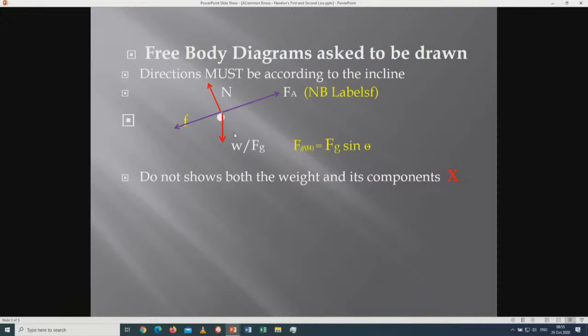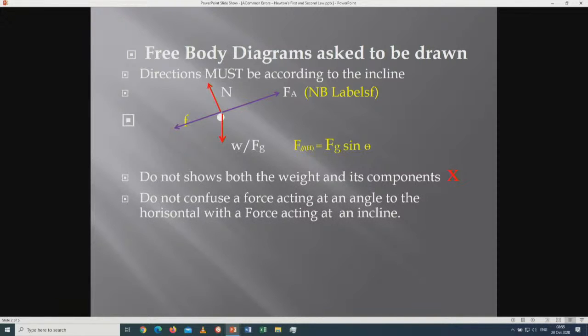Don't indicate the vertical and horizontal components. You will lose a mark for showing both. Later on, for your own rough work, you can indicate the vertical and horizontal components of the weight, but for marks to be drawn, just stick with the weight.